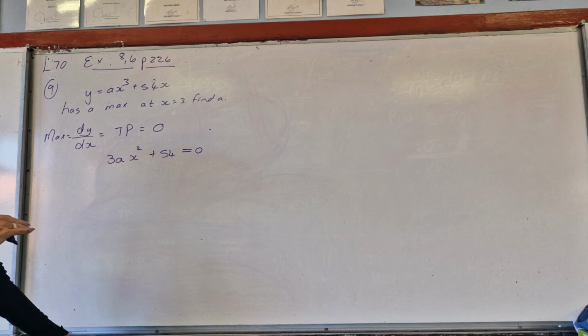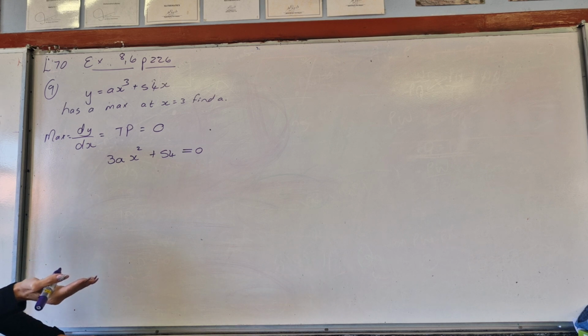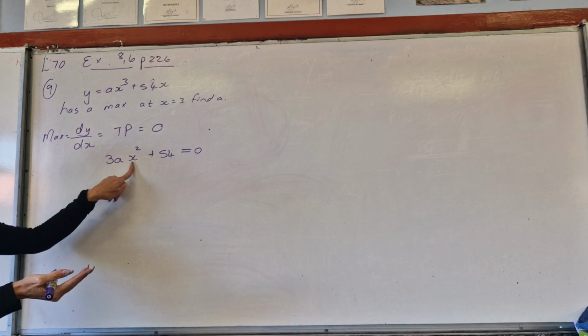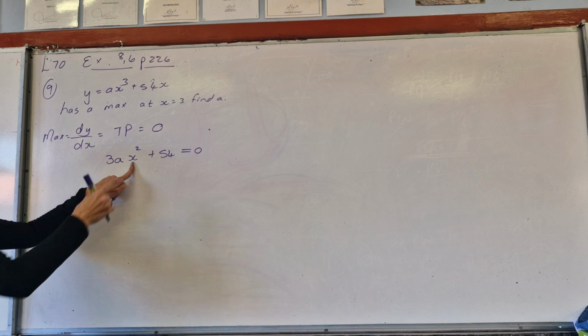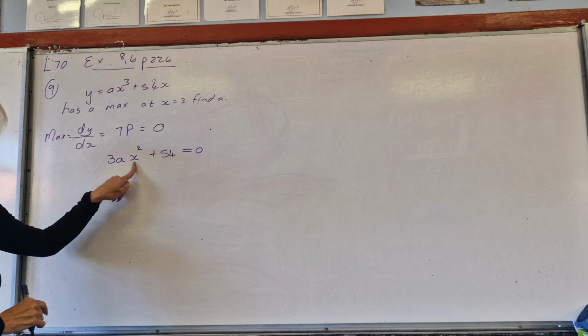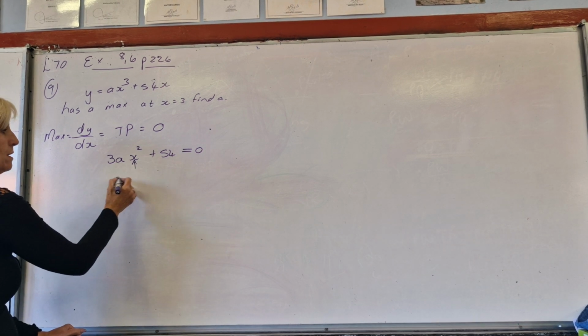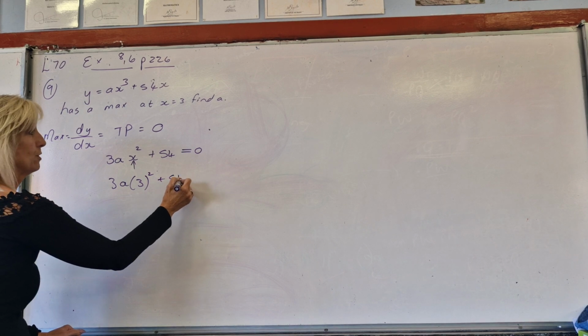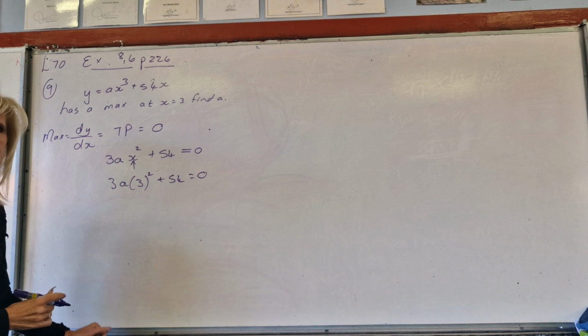And to find the value of a, I need the x of the turning point. That's why they gave me that x was equal to 3. So you substitute your x with 3. So 3 times a times 3 squared plus 54 is going to be equal to 0.